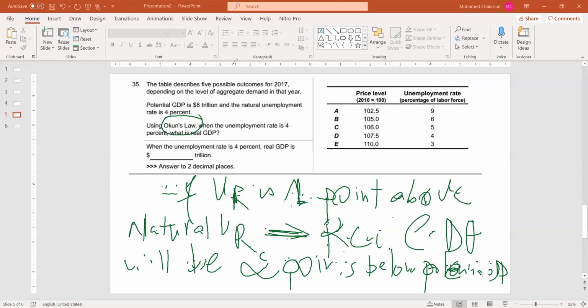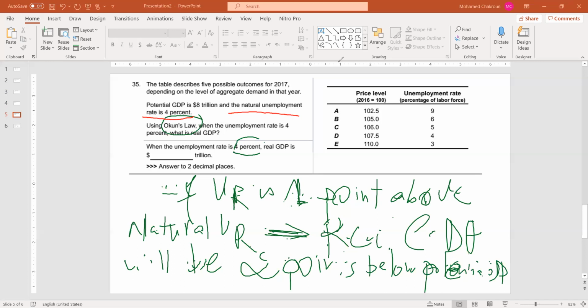So here, when the unemployment rate is 4%, and we have the information that the natural unemployment rate is 4%, the prevailing unemployment rate is equal to the natural unemployment rate.